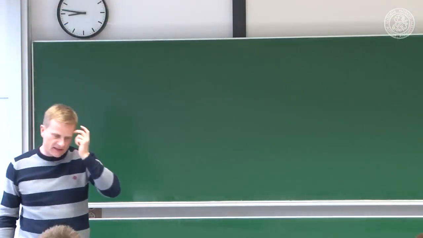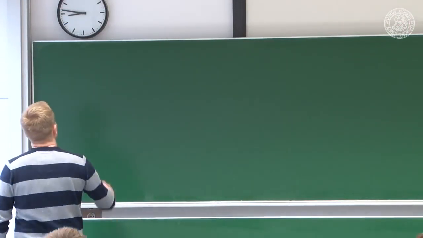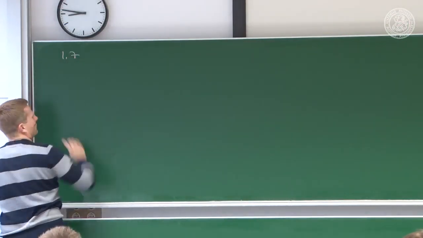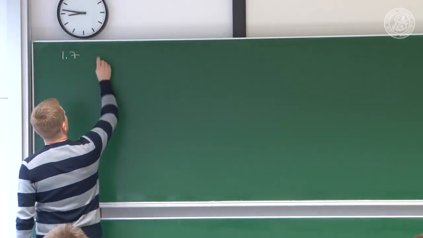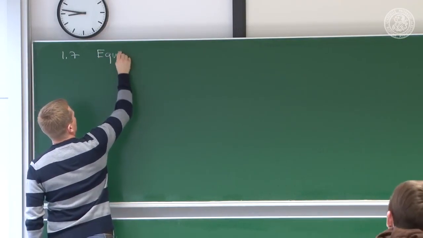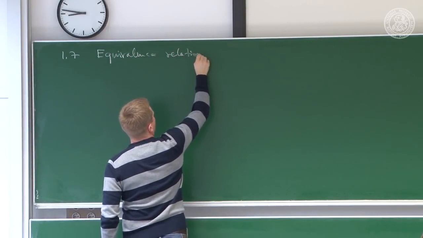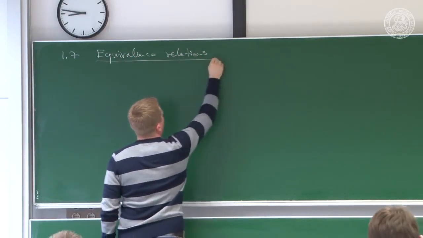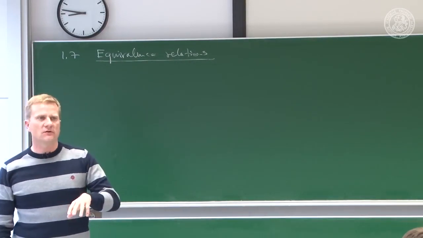So that was the classification of sets. And before we leave set theory, there's one more topic, or one of two more topics I would like to talk about, and that's equivalence relations. I try to be very quick about this because I assume that in one form or the other you saw this before.